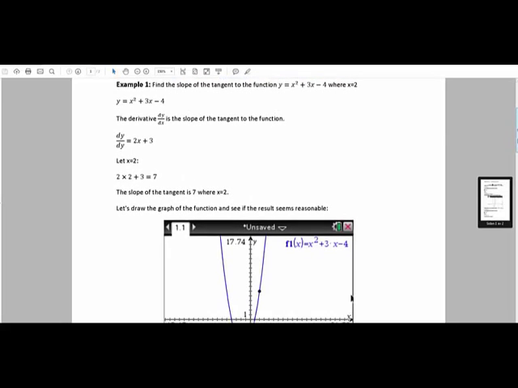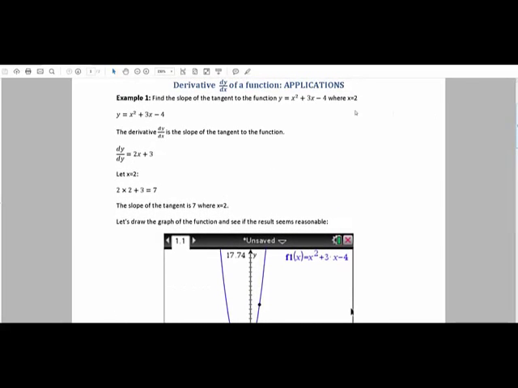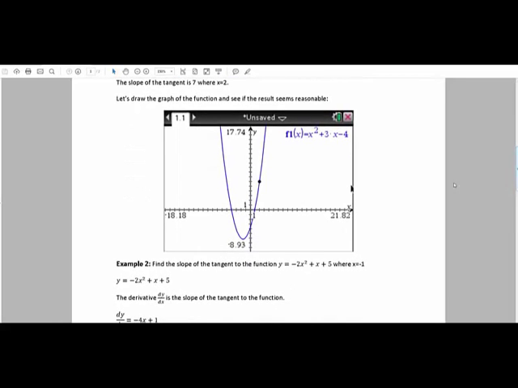Well, here's the graph of the function x squared plus 3x minus 4. Where x is equal to 2, just find x value 2 on the x-axis, go straight up until we meet the graph of the function here.